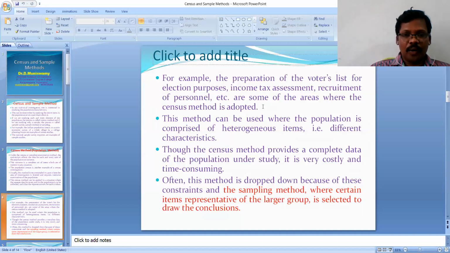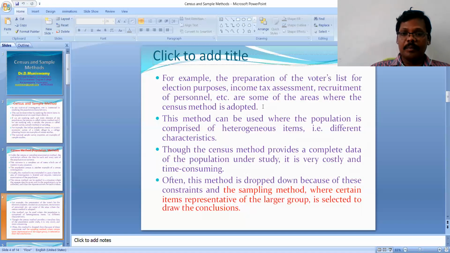Though the census method provides complete data of the population under study, it is very costly and time consuming. Of course we know the census method gives the complete information for the population of the study.